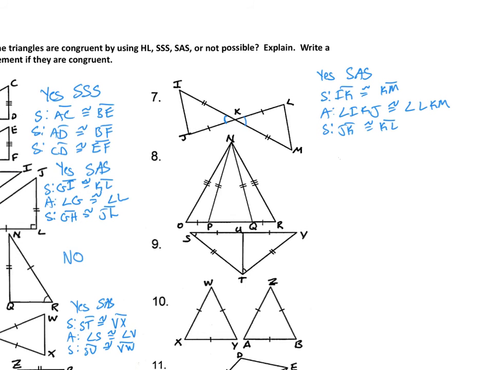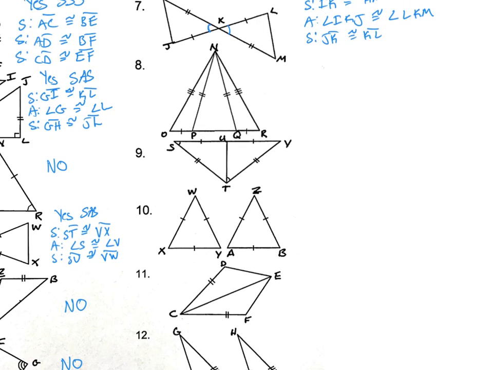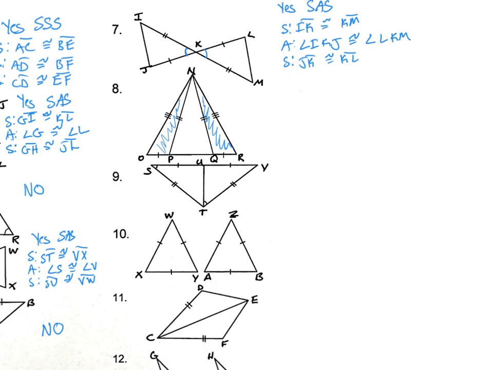All right, let's see if we can find any angles here that are congruent. Oh, I see 2. If you notice, I'm going to highlight here. These 2 triangles on the ends, those are congruent because look, all 3 sides. I can match up 3 sides to each other. So this is a yes, and I can say side, side, side.